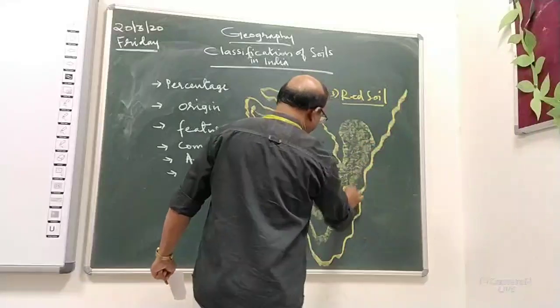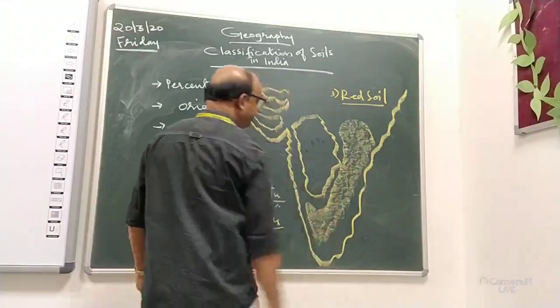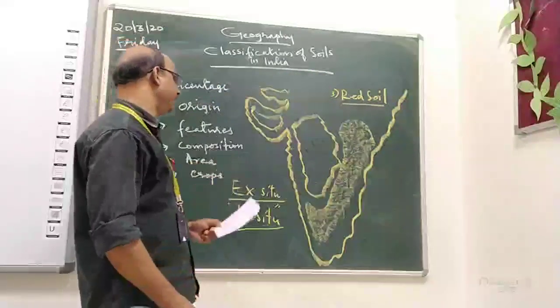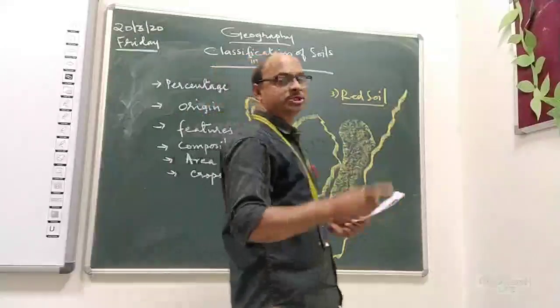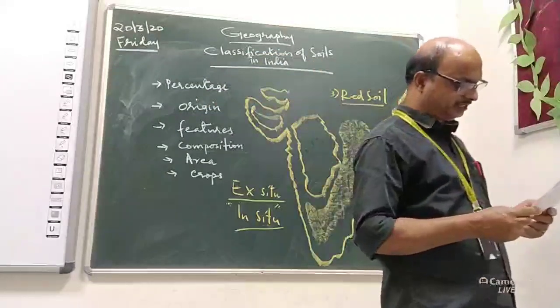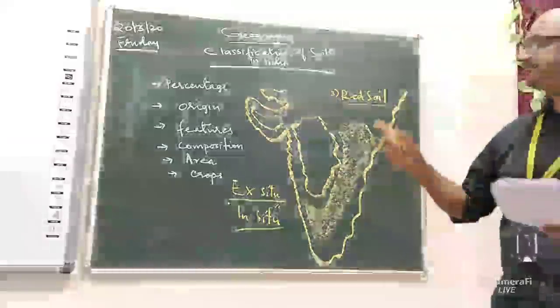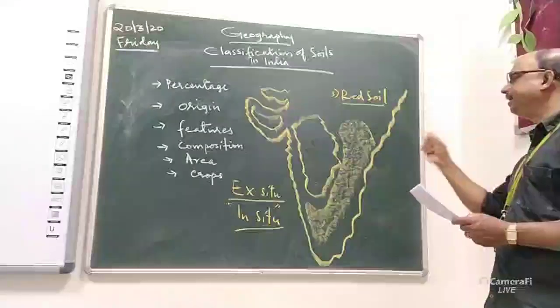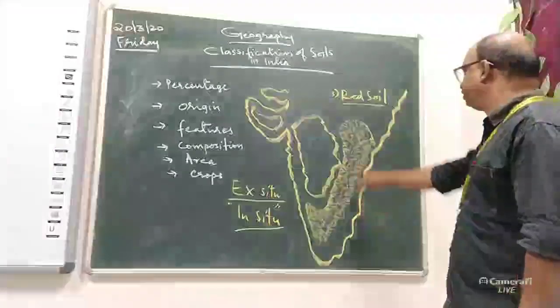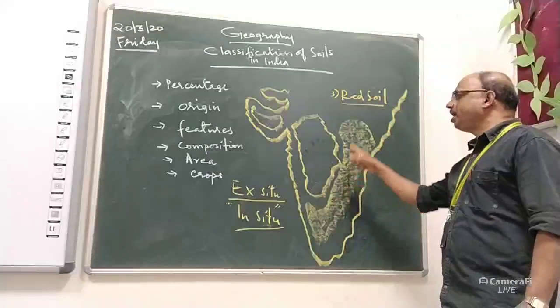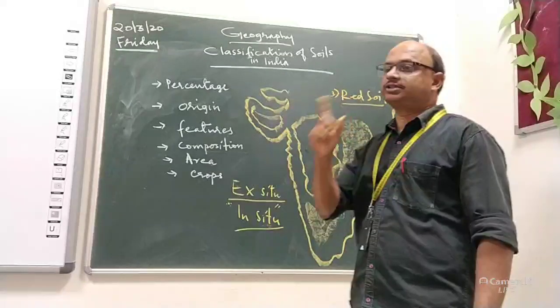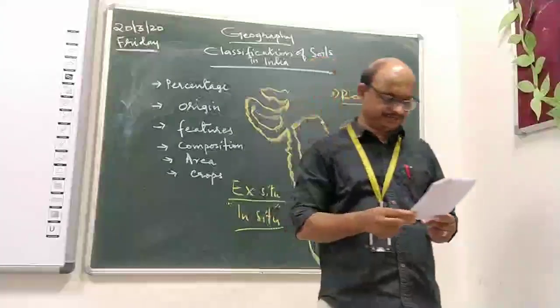Here, this whole area, you can see red soil. Already I mentioned that about 10.6 percentage of land is covered by that. And the color is red. Why? Iron oxides are there. So here in the red soil, iron oxides are there. That is why the color is red.